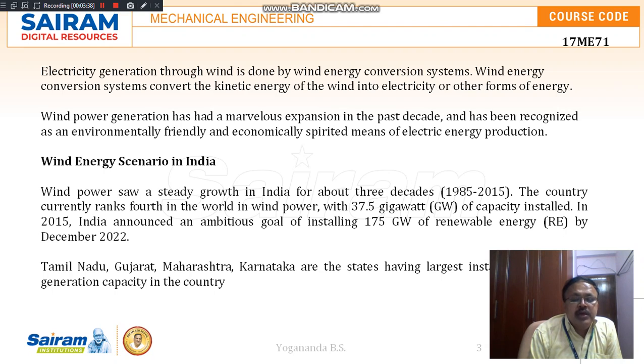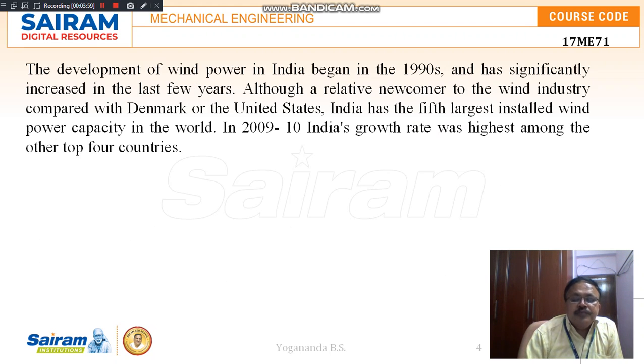If you see state-wise wind power generation, Tamil Nadu is first, then Gujarat, Maharashtra, and Karnataka stand in the next three positions in having the largest installed wind generation capacity in the entire country.